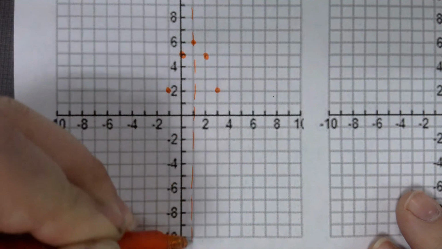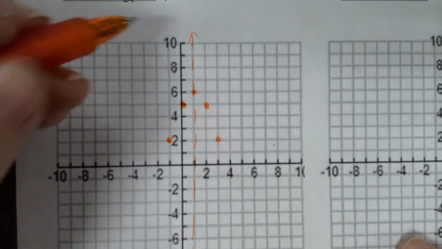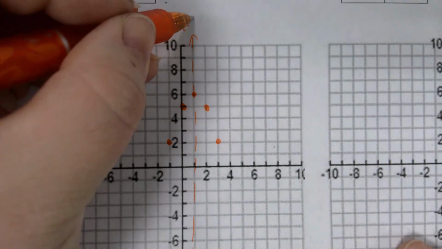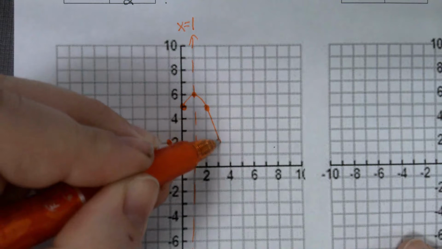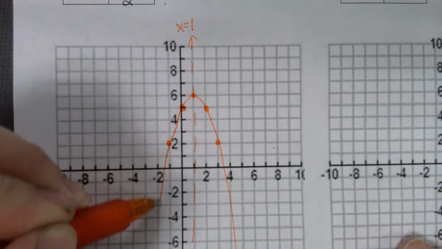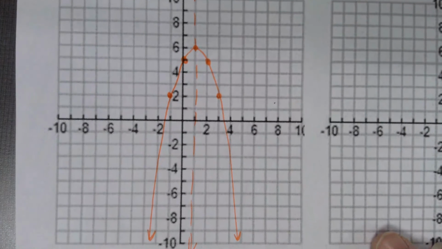We want that axis of symmetry going down the middle. And don't forget to label it up at the top: x equals 1. Draw in your parabola shape. Make sure that your parabola extends all the way across your graph, even though your point stops somewhere up above the x-axis. So our shape should look something like this.